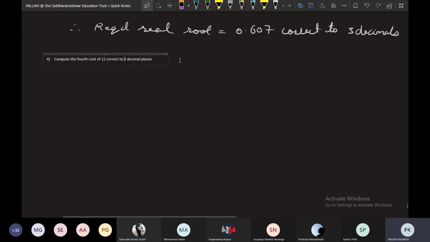Question clear? How do you form the equation? Can anybody write the equation for this? Fourth root of 12. How do you write this numerically? This is given in terms of a sentence.